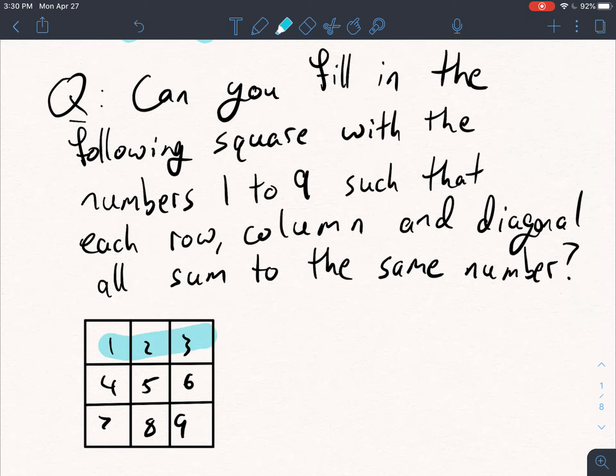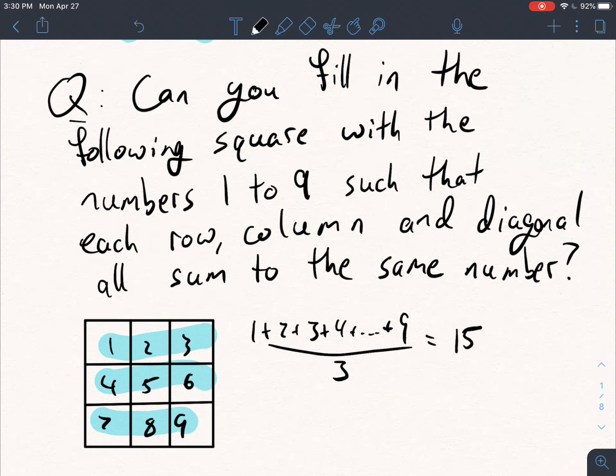Here's one really bad guess, because you know the first row is going to add to 6, and then the last row is going to add to 24. But if you were to add up all of the numbers from 1 through 9, and then divide by 3, what do you get? Well, I believe the answer is 15.